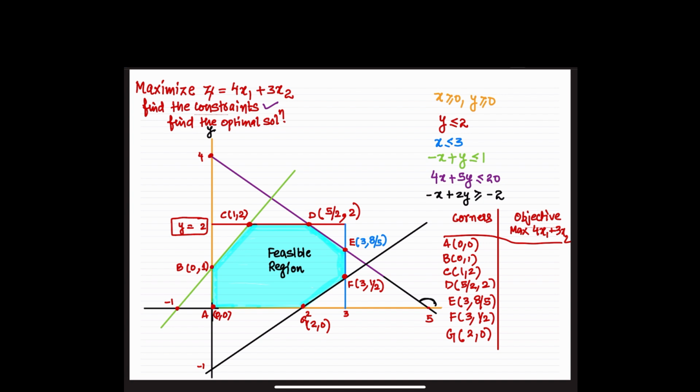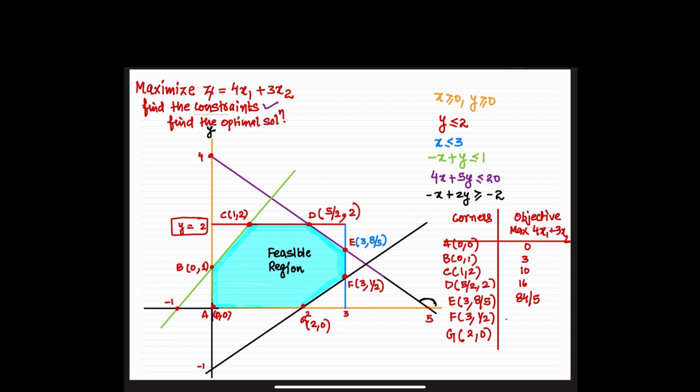So we evaluate the objective. For the first corner, the objective is 0. For the next, the objective is 3. For the next, it is 4 plus 6, that is 10. For the next, it is 10 plus 6, that is 16. For the next, it is 4 into 3, 12, 12 plus 24/5. So that gives us 84/5.